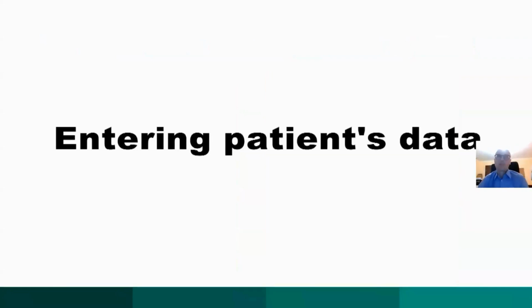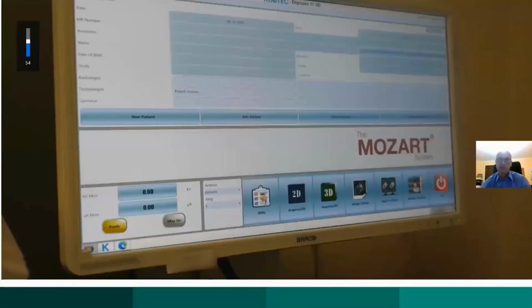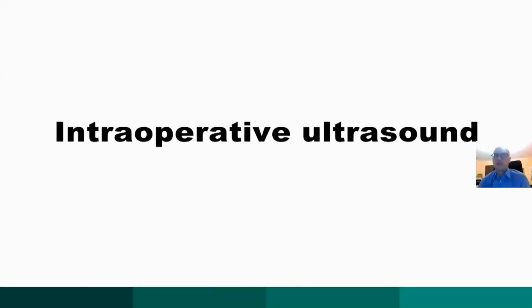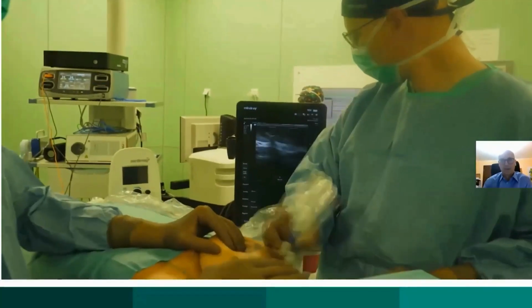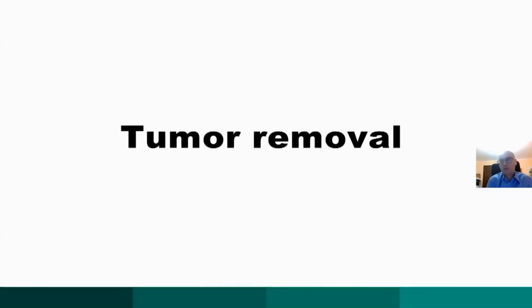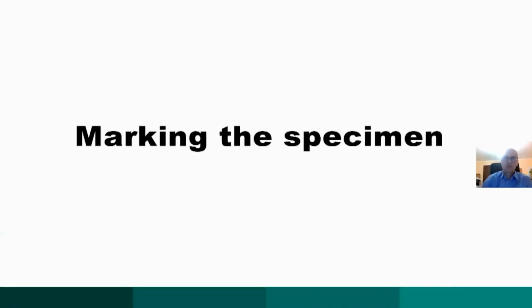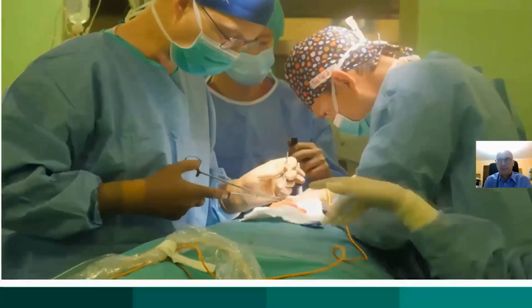So first we start with entering the patient's data into the system. During the procedure, we use intraoperative ultrasound to assess the lesion and confirm its location. Then we remove the tumor. After that, we mark it, and the marking method is standardized and known to the radiologist and the pathology laboratory staff.